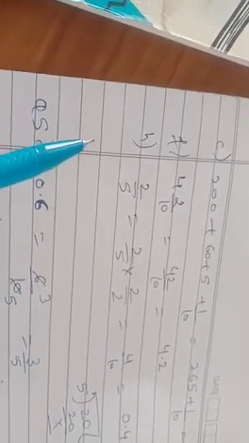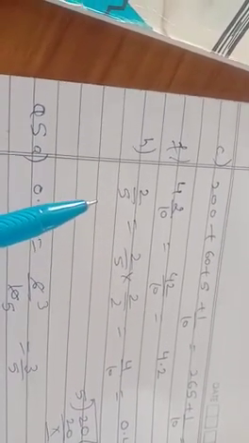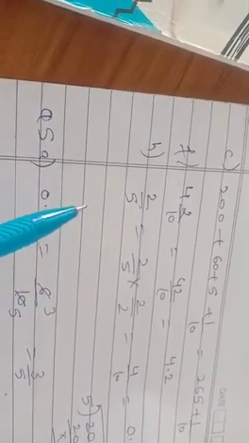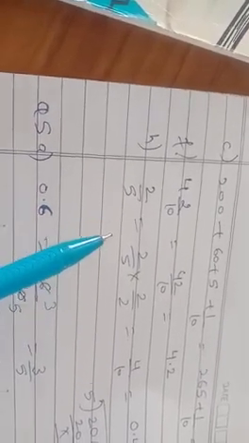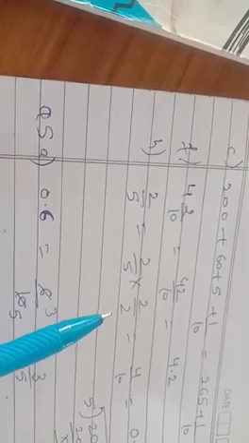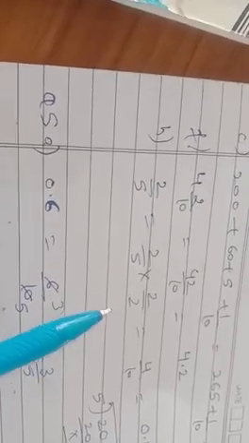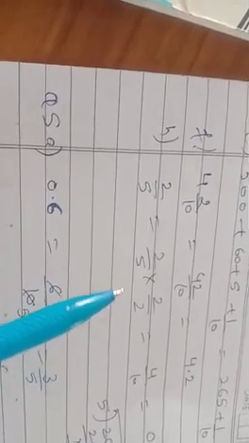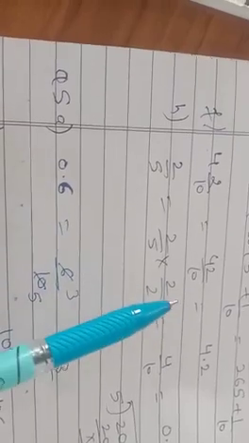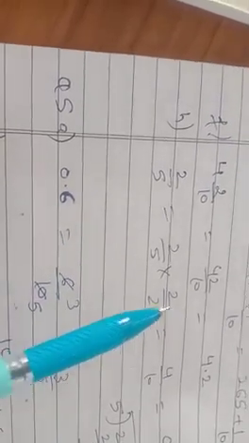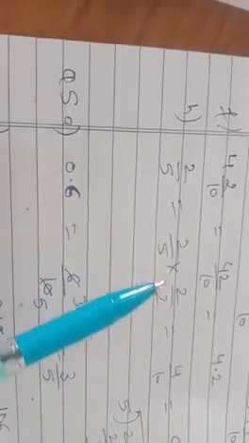Next we have H part. They have given 2 by 5. We have two options. Either you can make the denominator 10, a multiple of 10, or we can use the division method. Firstly, if we multiply and divide by the number 2, we will get 2 twos are 4 and 5 twos are 10.